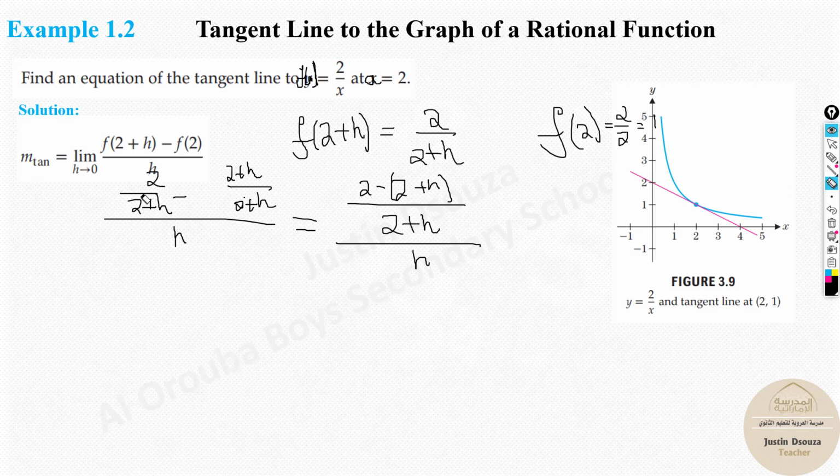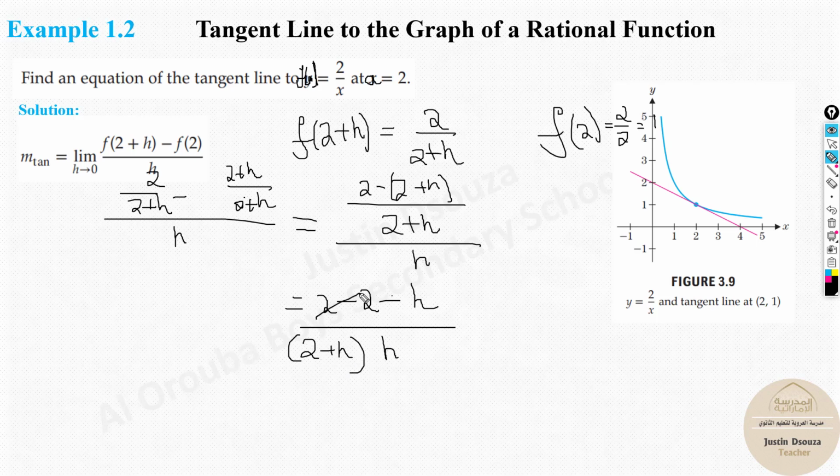So write 2 plus h and solve. 2 minus (2 plus h). Now multiply the minus inside the bracket: minus 2 minus h, divided by the denominator, which comes down. So it'll be (2 plus h) multiplied with this h.